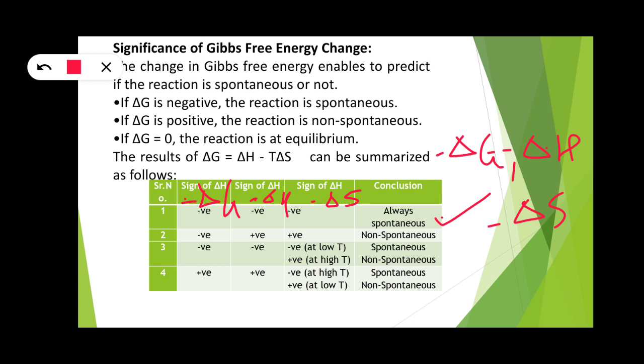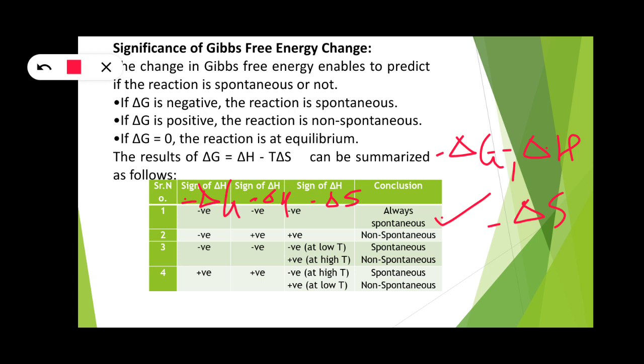If delta G, delta H both are negative, and at low temperature if delta S is also negative, then the process is spontaneous. But if the temperature is higher, then delta S becomes positive. At that time that particular process or reaction becomes non-spontaneous.